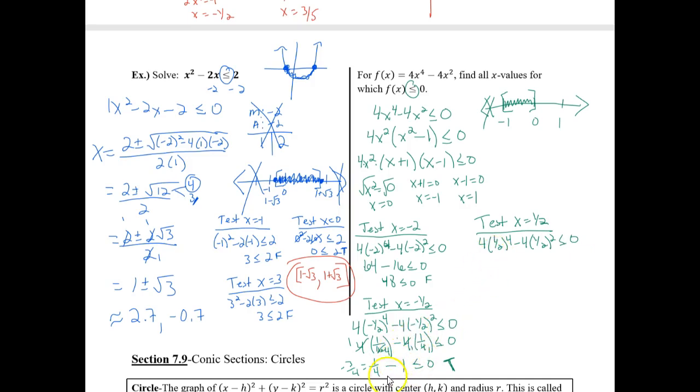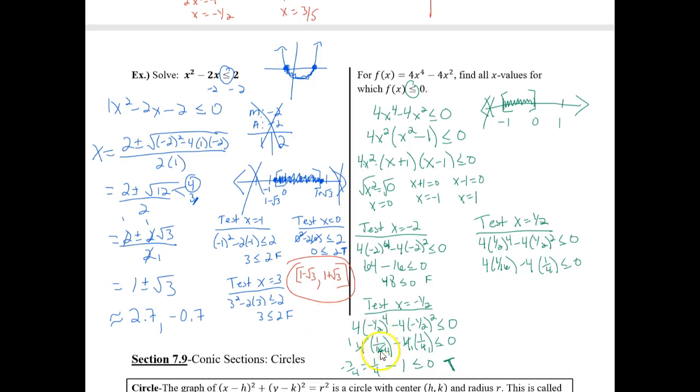Positive 1/2 to the 4th power will still be positive 1/16, and positive 1/2 squared would still be positive 1/4.